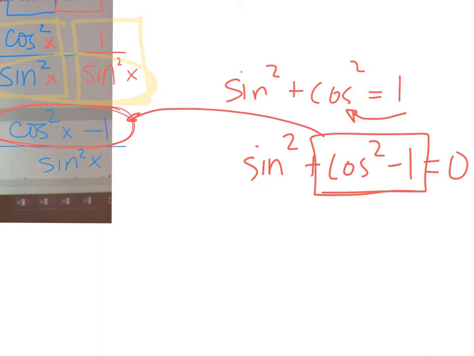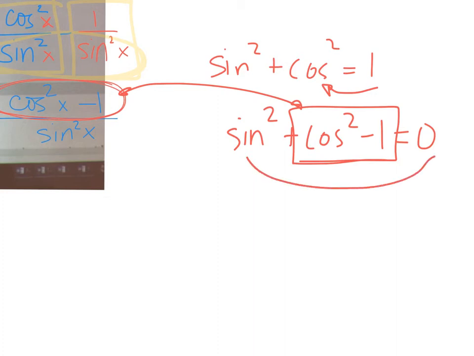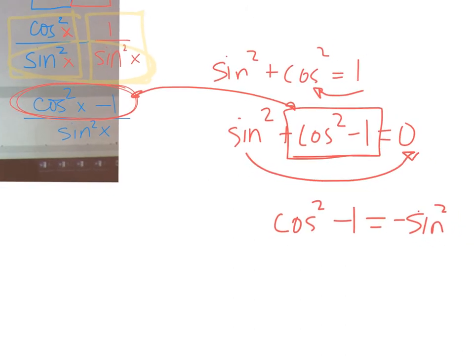This is what I have over there. Now the question is, what does that equal? So if I bring my sine squared over there, cosine squared minus 1 equals negative sine squared. That's a manipulation of this Pythagorean identity that you don't often use.